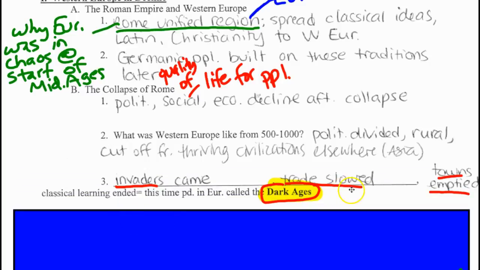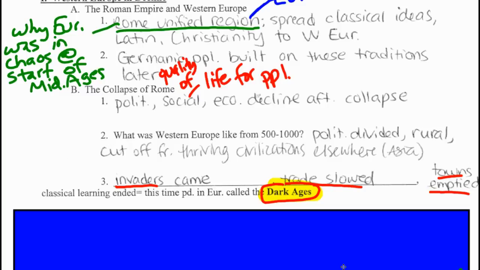And for number 3, there are 3 possible answers. I wrote them all and you just had to write 2. But I think for number 3, it would be good for you to highlight or circle the Dark Ages term, so that you see where the examples are that explain why that term came to exist.